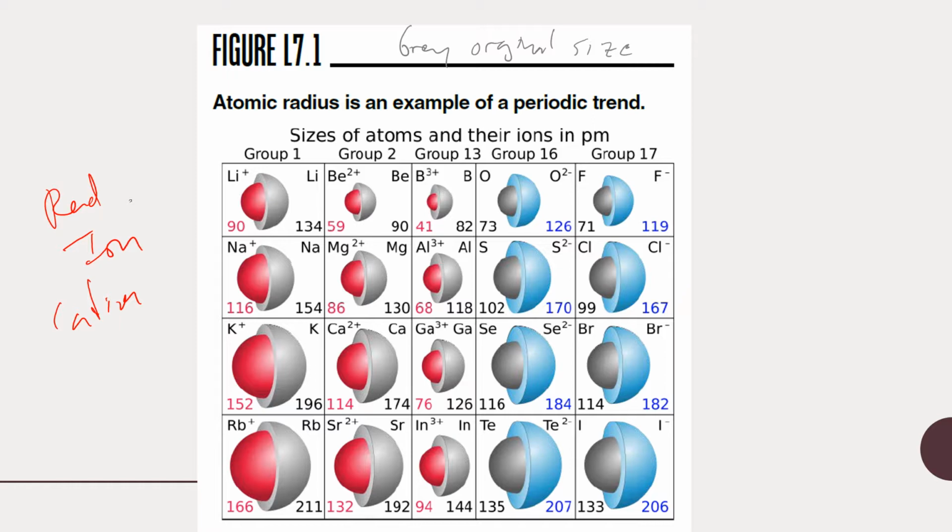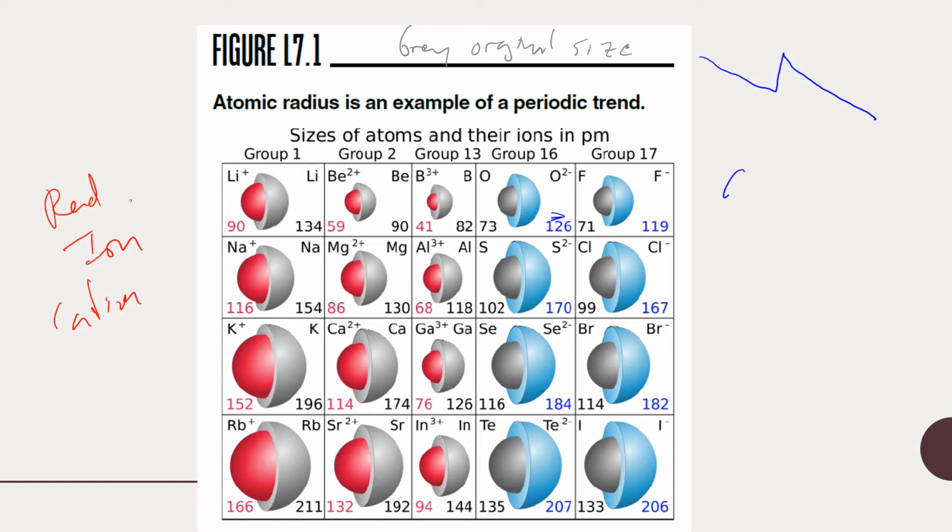Gaining 2 electrons causes the radius to go up, because it's got more electrons pushing out. So the trend goes down, jumps back up, goes down, but the trend is still there. As it goes across, the ionic radius is still decreasing. You just have to remember there's that weird little hiccup.